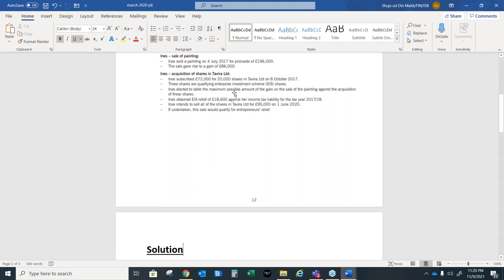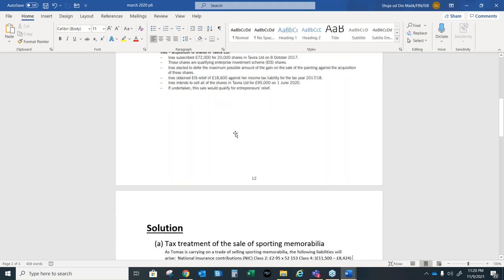Eins selected to defer the maximum possible amount of the gain on the sale of the painting against the acquisition of the shares, and obtained EIS relief of 18,600 against her income tax liability for tax year 17-18. Eins intends to sell all the shares for 95,000 on 1st June 2020. If undertaken, this sale would qualify for entrepreneur relief, so attracting the tax rate of 10%.